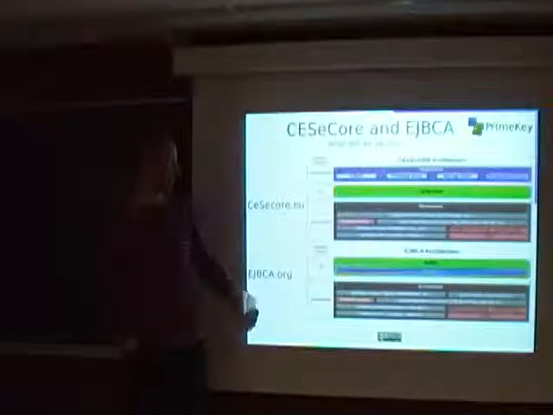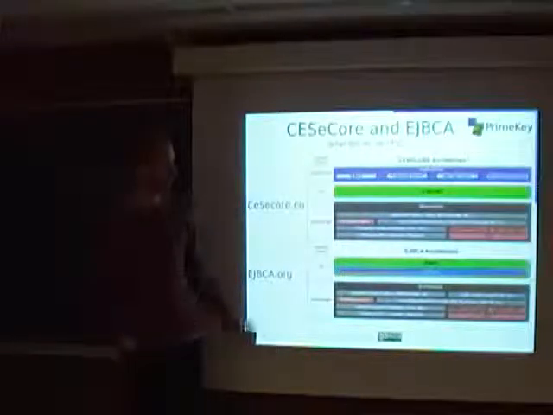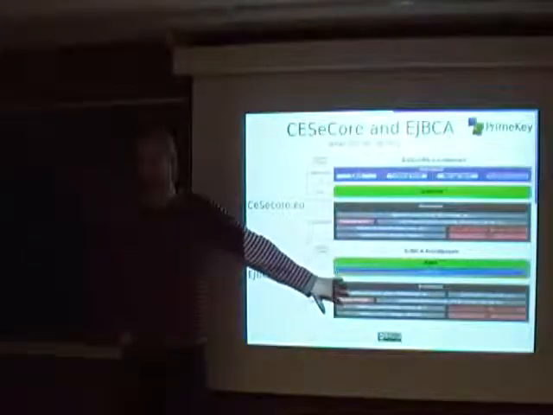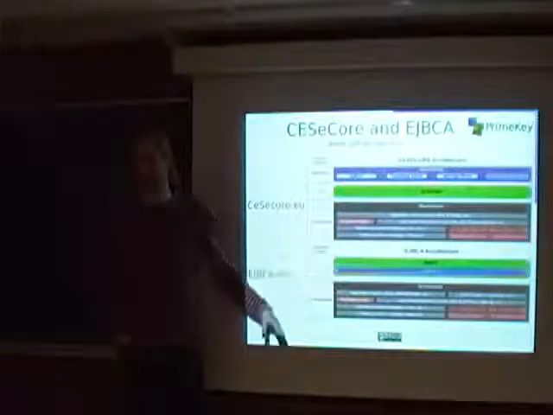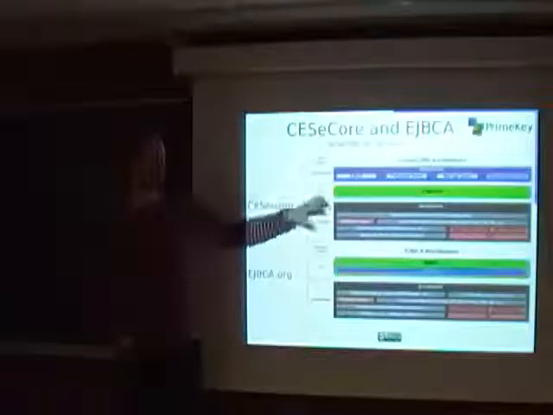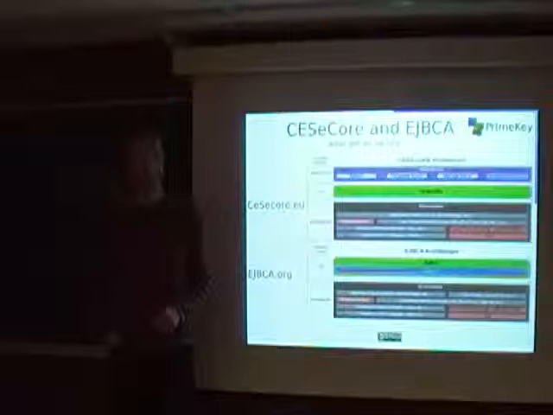And then the second step is that we took this newly certified component library and refactored it into EJBCA again to make EJBCA certified. So first we certified the component library, and then we put it into EJBCA and certified EJBCA.